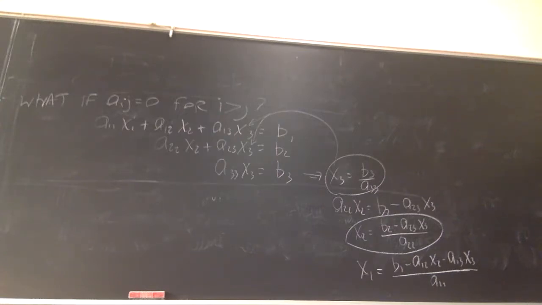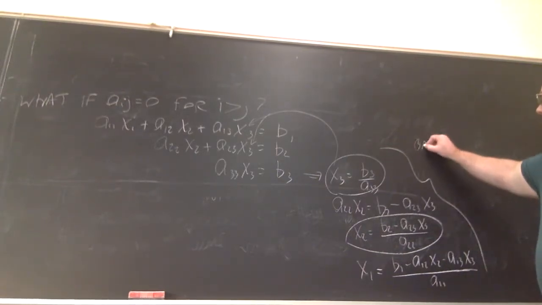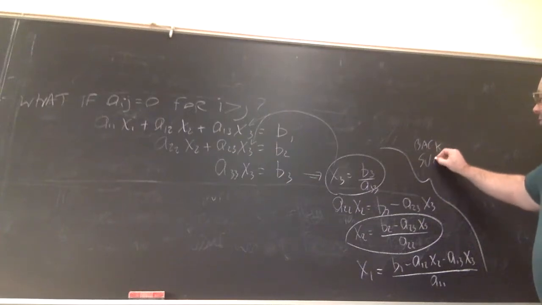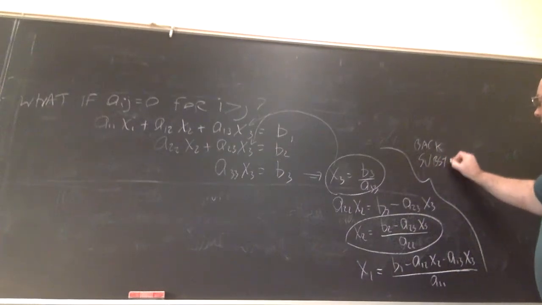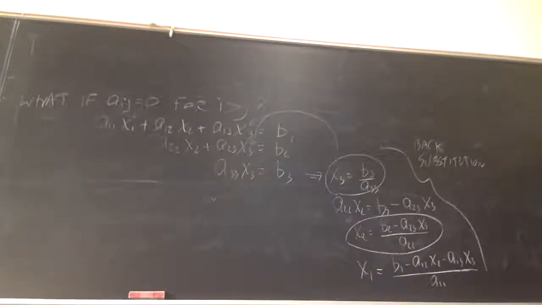Once we subtract them off, then we just have this last division. So this process that I've shown you here is called back substitution. It's called back substitution because we're working our way through the equations backwards. We will see later forward substitution for different situations.